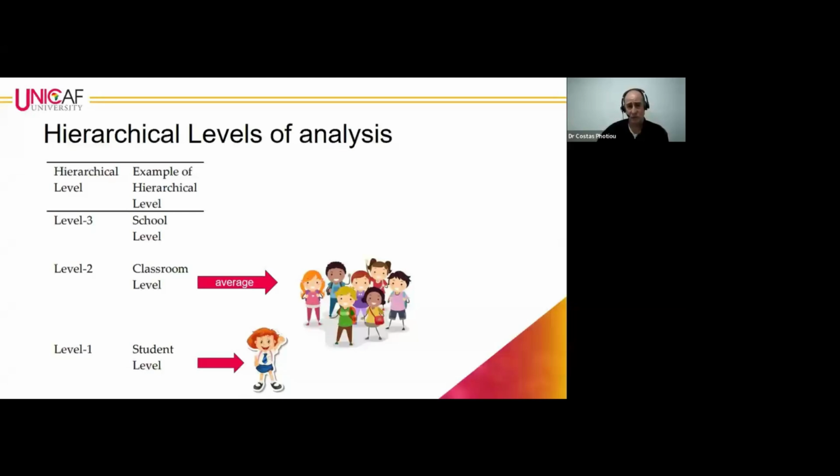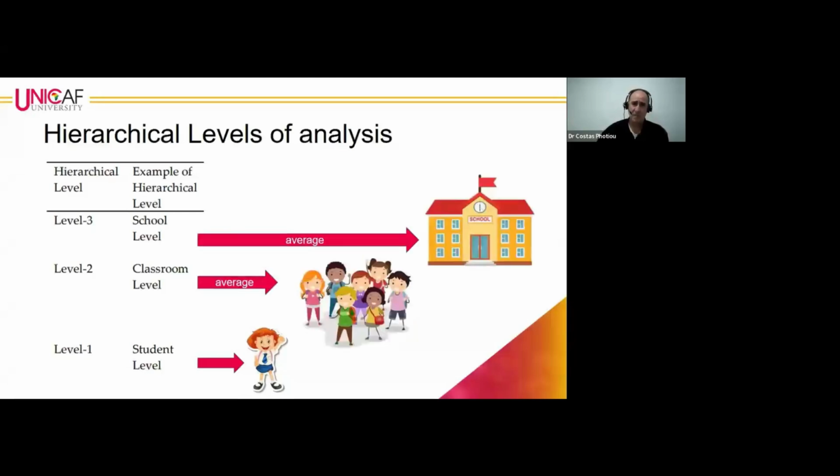And then, of course, looking at the school level, we can see here, again, the average of a school could be somewhat more close to the reality. And I've got some numbers here as an example. So perhaps we could be looking at one student and asking the student, how satisfied are you with some aspects of the school?